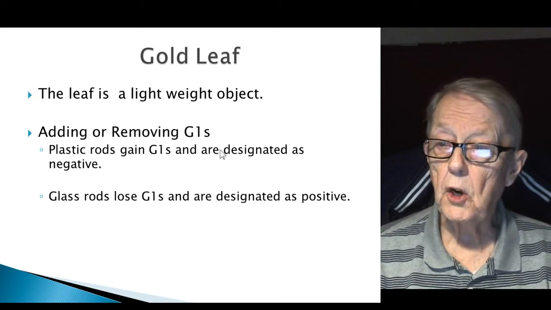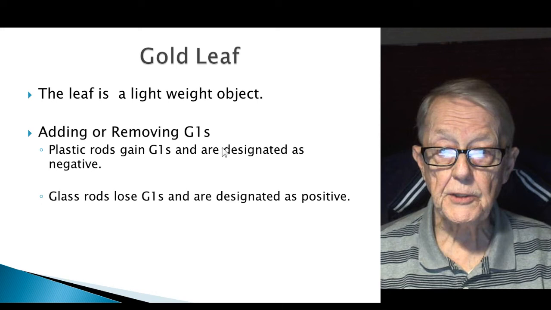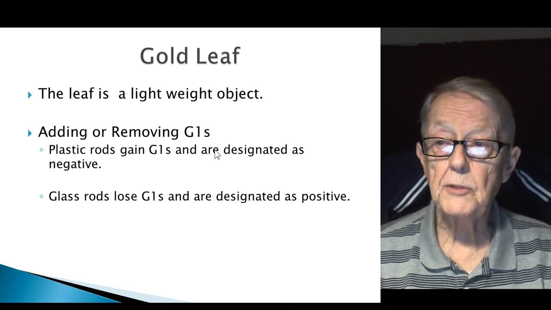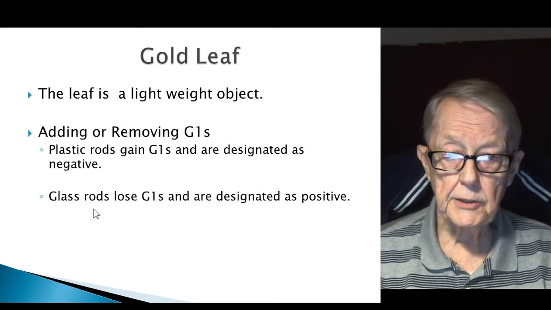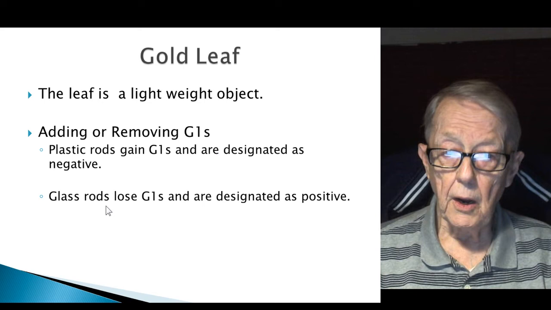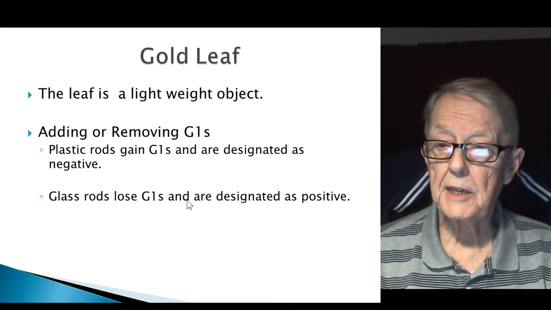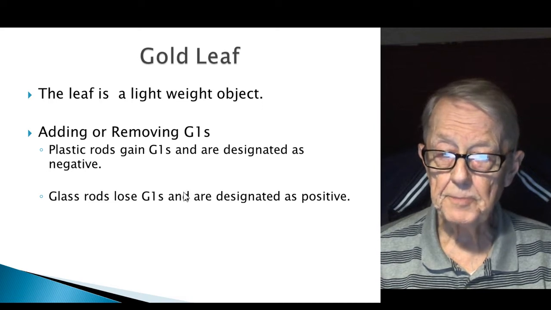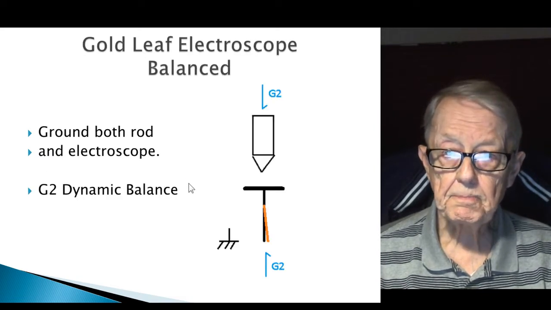In other words, we're going to call it negative even though there is no physical property that makes it negative. I call it negative just to be consistent with current terminology. Glass rods, when you rub them with silk, lose G1s, and they're designated as positive. They're just named that for convention.